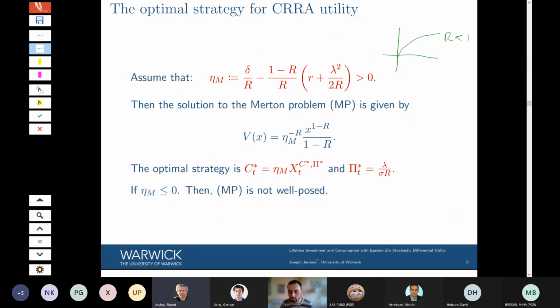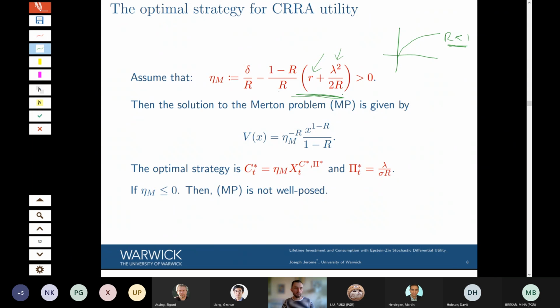You mean r big enough, or because if r is small, then the second summand of eta m becomes... Okay, so if we think about the case r less than 1 again, if your financial market had a negative interest rate and this was small enough, then you'd find that this term here is positive, and so you could just set delta equal to 0, for example, or slightly negative.